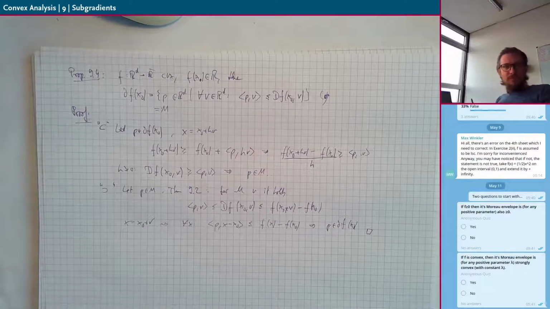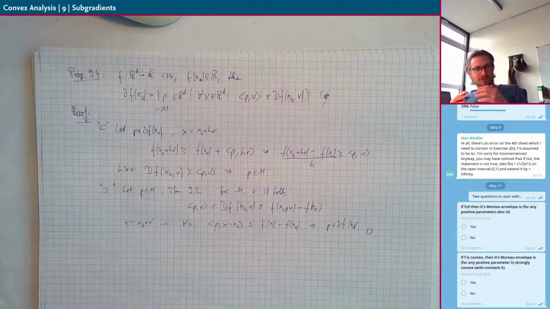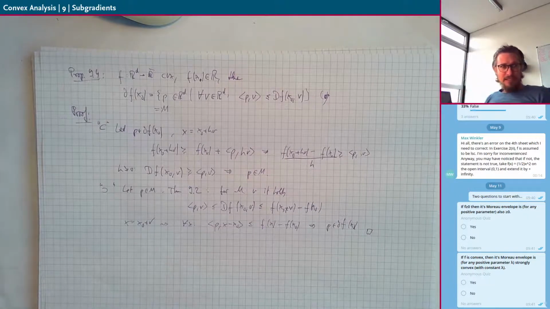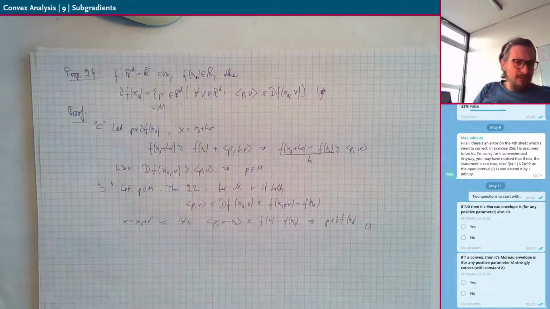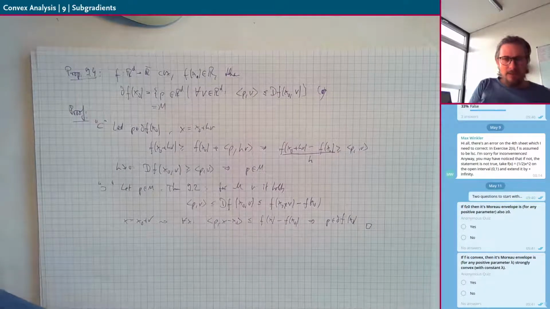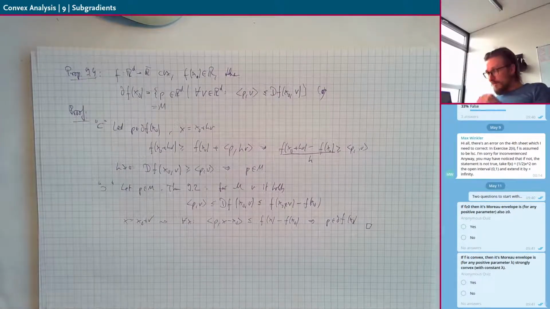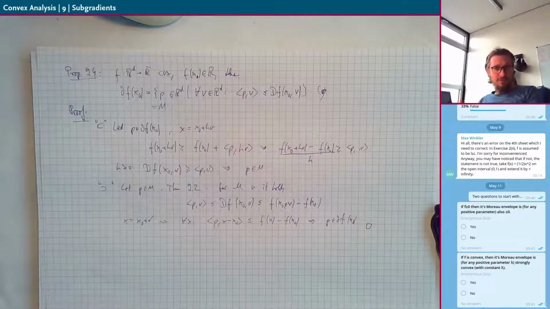Okay. So a few subgradient rules. Now we have a new notion of subdifferentiable, and for derivatives we have a lot of calculus rules, right?